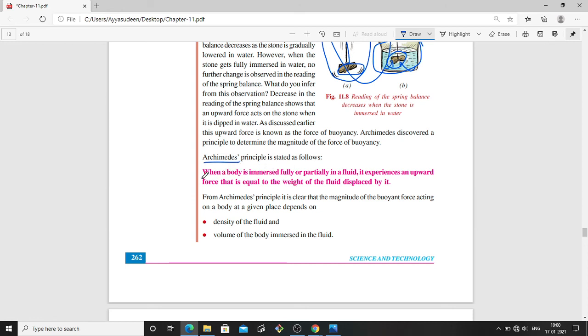According to the principle, when a body is immersed fully or partially in a fluid, it experiences an upward force that is equal to the weight of the fluid displaced by it. Let's say there is water. If you immerse an object inside, there must have been a fluid in this space, but now you are replacing this fluid with the object. The fluid that is displaced will push this object upwards. That is Archimedes principle: when a body is immersed fully or partially in a fluid, it experiences an upward force equal to the weight of the fluid displaced by it.